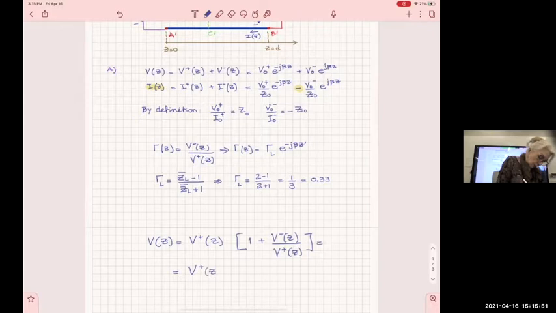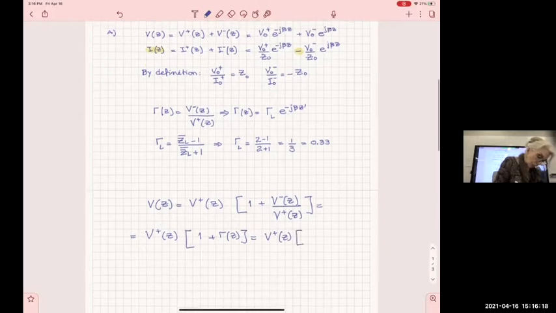V plus of Z times 1 plus gamma of Z, which is going to make it equal to V plus of Z. And then inside here, I'm going to have 1 plus gamma L, which is 0.33, all right, I got that, e to the minus j beta Z prime.